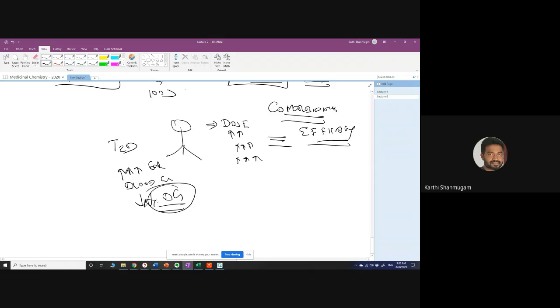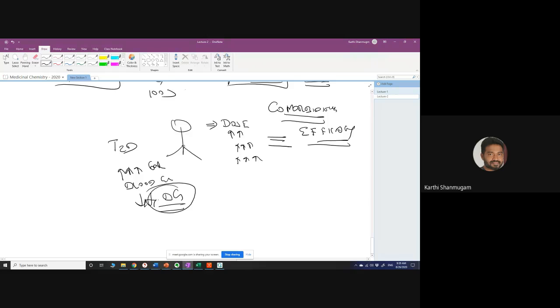Your molecule may be promising in animals, but not necessarily the same thing will happen in humans, because we cannot compare animal models with humans. Humans have a very complex regulatory mechanism that we cannot expect in the animal models. Animal models are just a mimic of the human, not exactly, only to some extent.